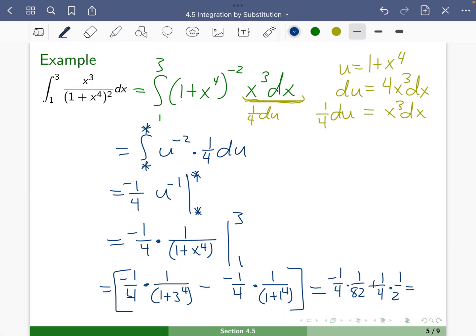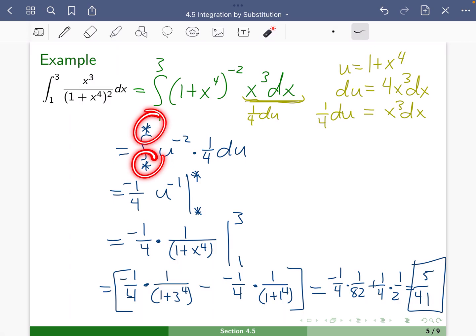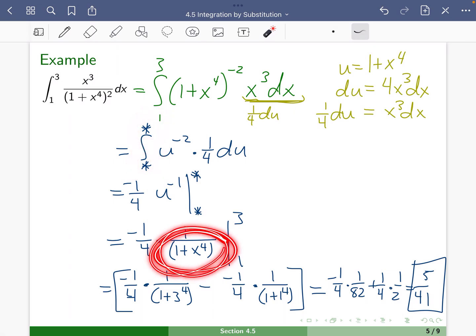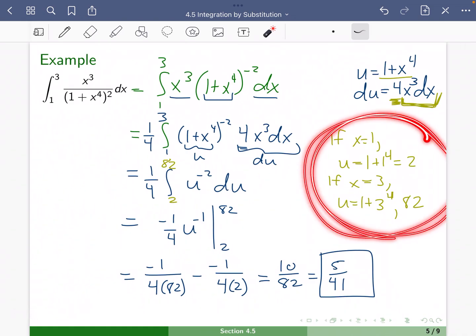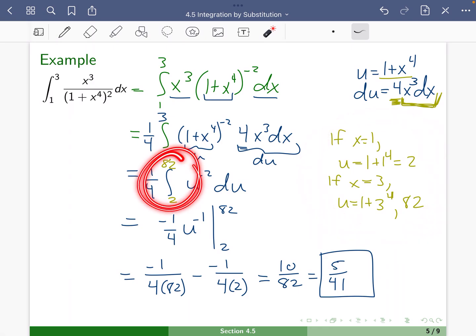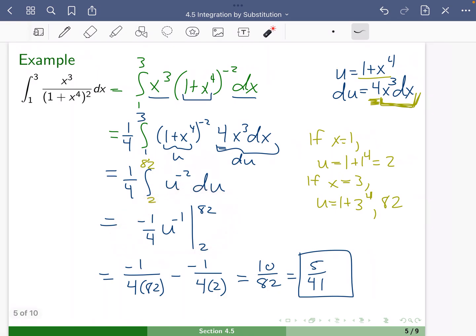And if you solve that, you'll get 5 over 41. So here, if we don't change these limits to u values, we need to return to the values of x so we can plug them in. Or on the previous page, we changed those limits from x values to u values. If we make that change, then we didn't have to return to that value of x.